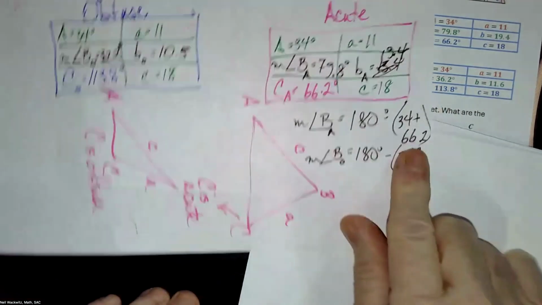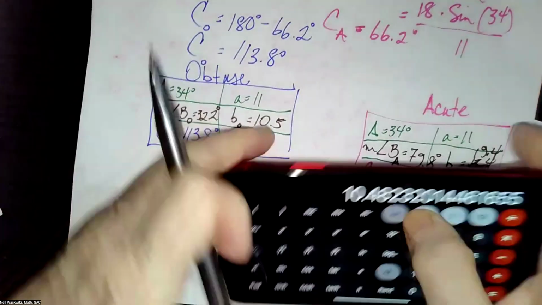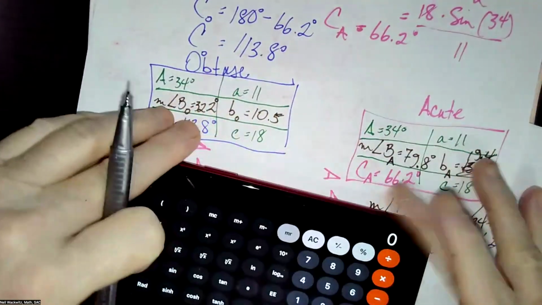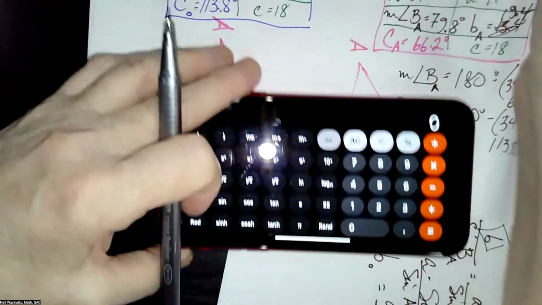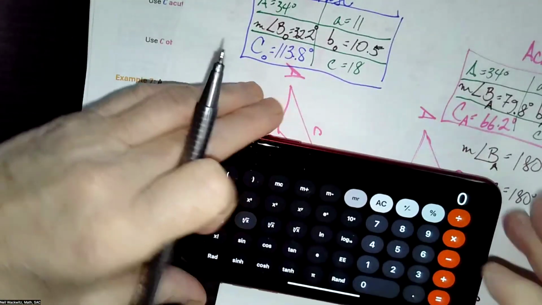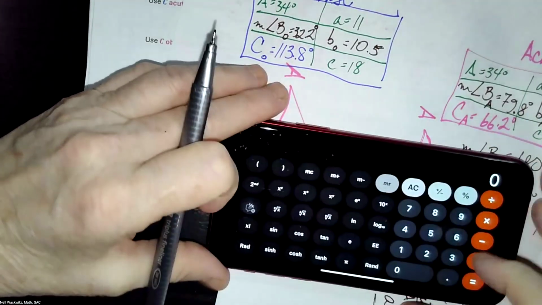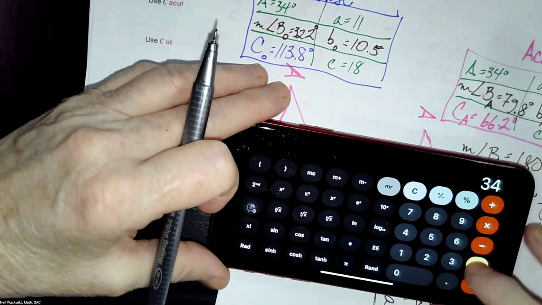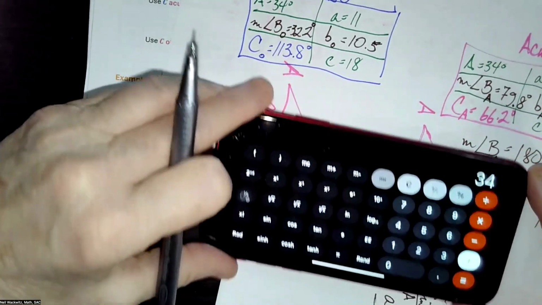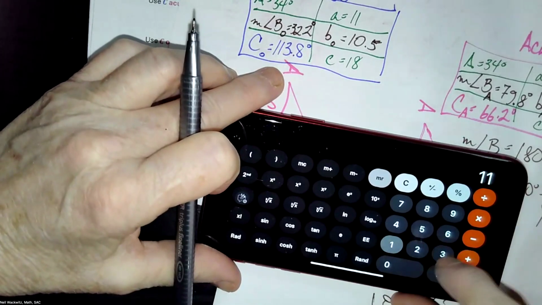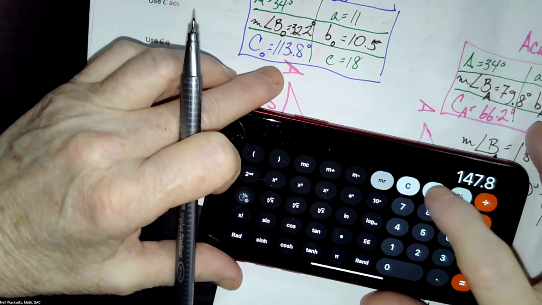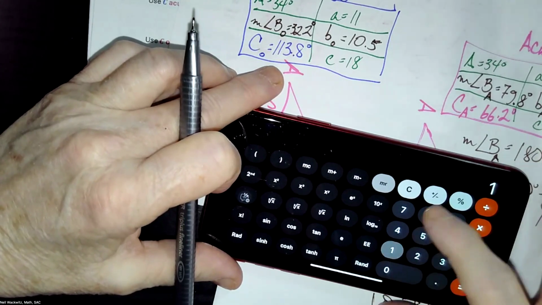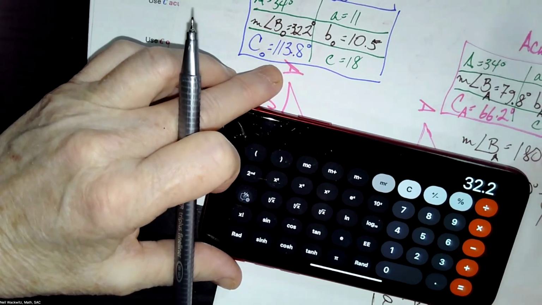Oh, let's see. This is interesting. So perhaps I subtracted incorrectly. Or the notes are wrong. Either is possible. So let's see. We've got 34 plus C obtuse is 113.8 equals, negate it, add 180. 32.2.